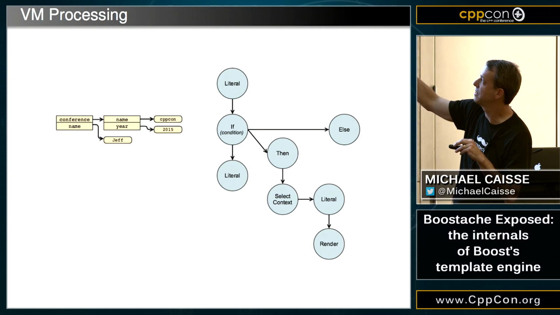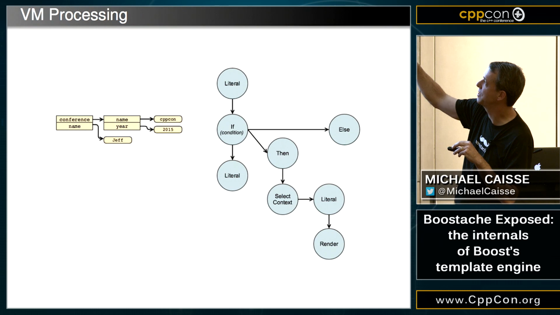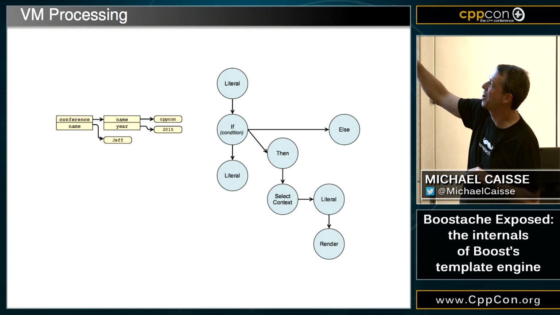It also has this year, and the conference has a name, and it has CppCon inside there, and it also has a year object. This is like pointing to an object. It has a year 2015. So I'll try this again. I've got an object that has a conference thing in it and a name. And name is pointing to Jeff. The conference is pointing to this thing. And what is a conference? A conference has a name and it has a year. The name is pointing to CppCon. The year is pointing to 2015.